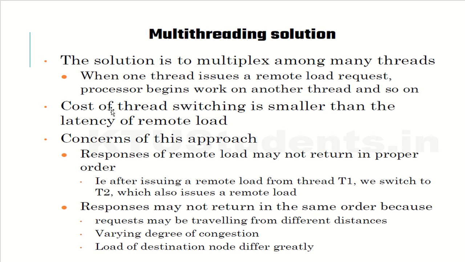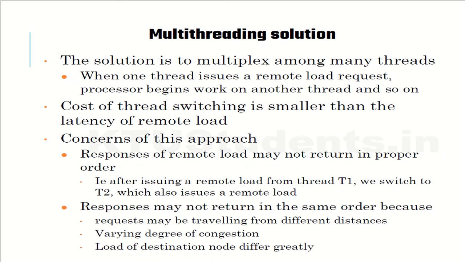Then the second one is that responses may not return in the same order because requests may be traveling from different distances. That is, node 3 may be located very far from node 1, or node 2 is located very close to N1. So node 2 may respond very fast, whereas node 3 will respond at a slower pace. All these may be affecting.